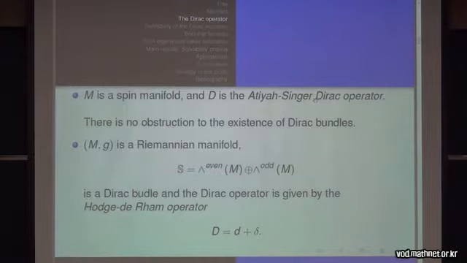But for the existence of a Dirac bundle, there is no obstruction. For any Riemannian manifold, we can define the Dirac bundle in this way, and the Dirac operator is given by the Hodge-de Rham operator. So in this case, the Dirac operator is the square root of the Hodge Laplacian operator.